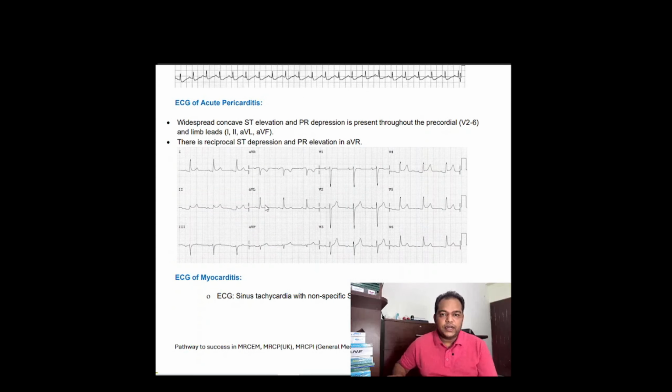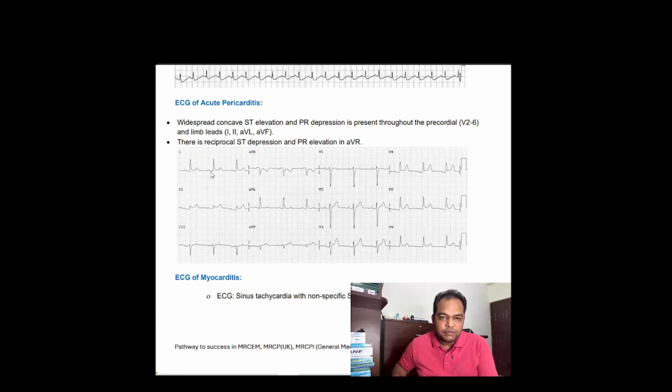Now the acute pericarditis. In case of acute pericarditis, we can find concave ST elevation, and there also may be PR segment depression.